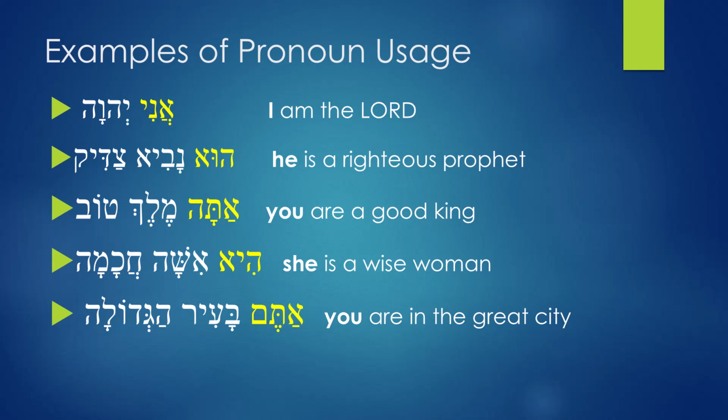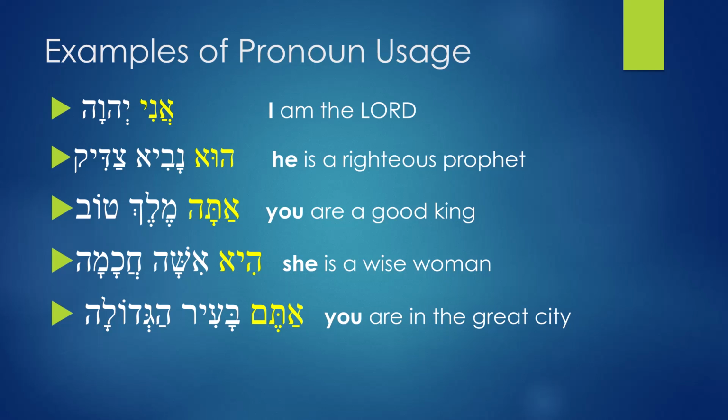It has the noun Ir, which means city, and Ba, which has the preposition be, meaning in, and the definite article ha. The definite article has been swallowed by the preposition. So ba'ir means in the city.